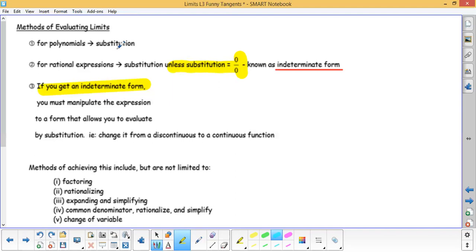So we cannot use substitution for a rational expression when we use substitution and get something like 0 over 0, which we've talked about. That is called the indeterminate form. And I've written a note here, if you get an indeterminate form, you must manipulate the expression to a form that allows you to evaluate by substitution.